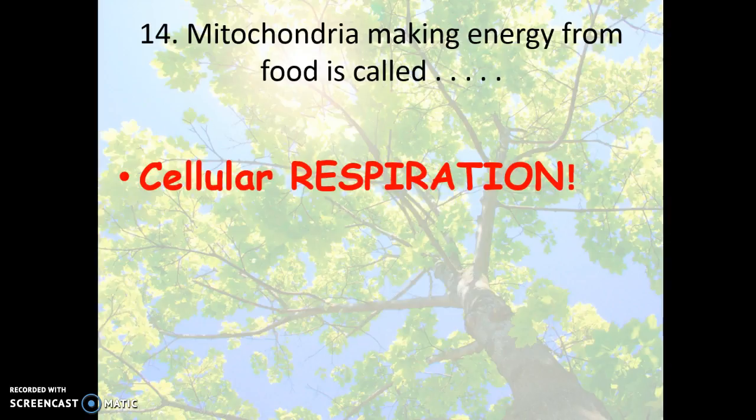Mitochondria making energy from food has a scientific name that you guys are going to learn about. It's called cellular respiration. Don't get it mixed up with respiration in breathing. That's different. Cellular respiration has to do with making energy in the mitochondria.